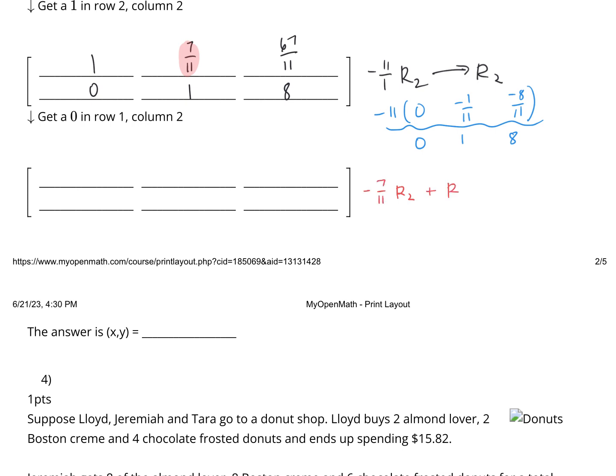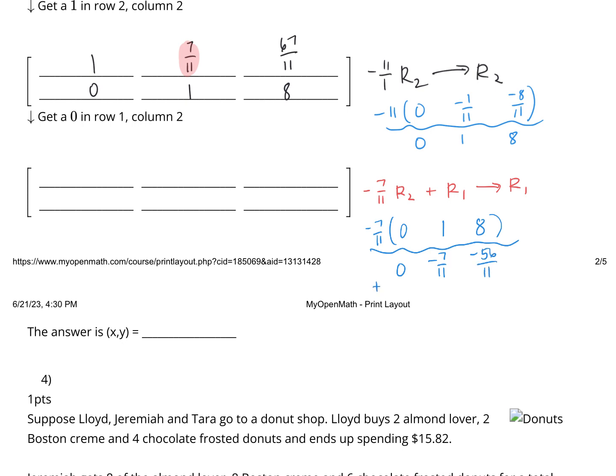Then we add it to the row where we want the 0, and we replace that row. All right, let's see what we get. So negative 7/11 times row 2, so that's 0, 1, 8, whoops, just 8. So that's going to be 0, negative 7/11, negative 56/11.